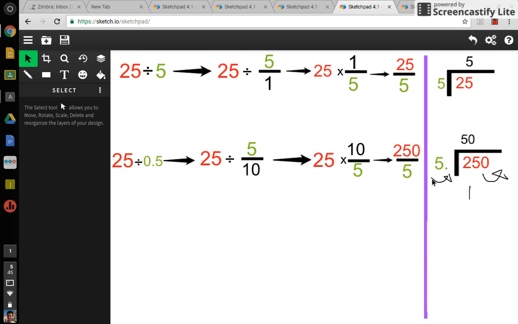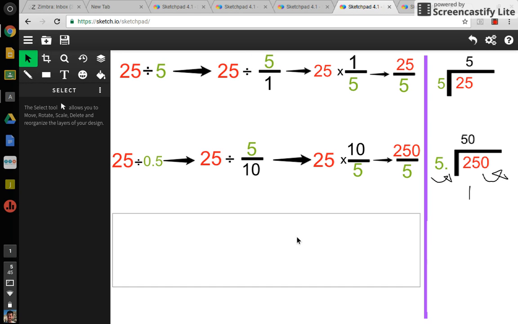And also, take a look how we've jumped over one space. Our dividend has jumped over one space from 25 to 250. Our divisor has jumped over one space from 0.5 to 5. Likewise, when we divide 250 by 5, our quotient becomes, again, 10 times larger.